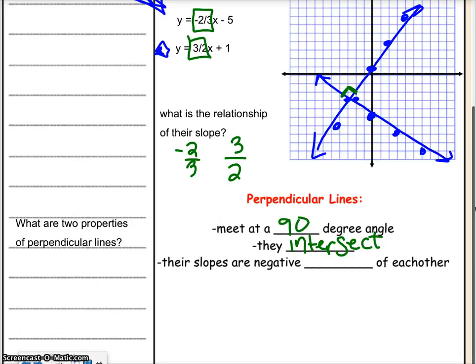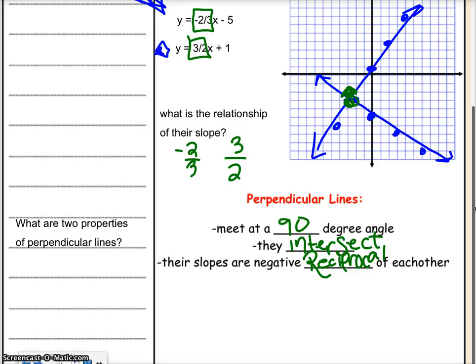Their slopes are, here it is, negative the reciprocal of each other. So 3 properties: they meet at a 90-degree angle, they intersect, and their slopes are negative the reciprocal.